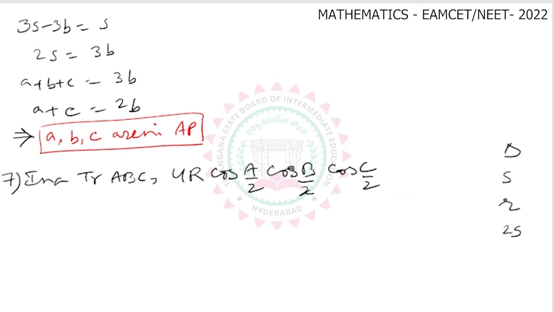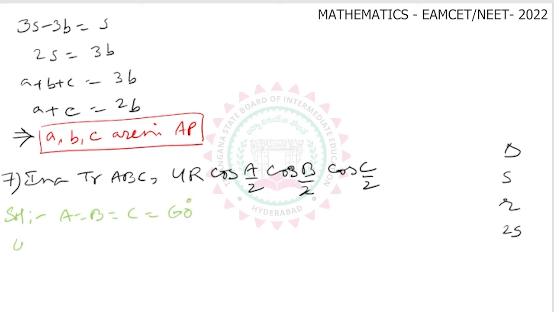Now, again, if I consider it an equilateral triangle, I can use the same conditions we used in the previous case. So, what are the conditions? A is equal to B is equal to C is equal to 60 degrees.